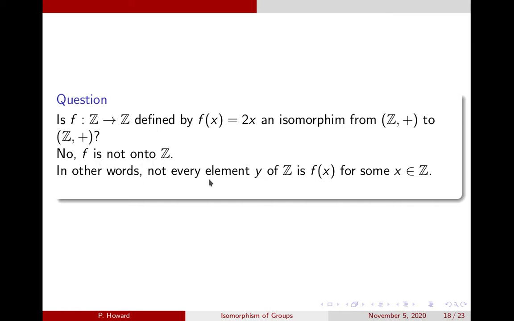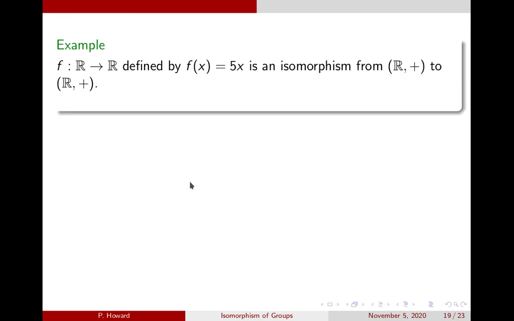In other words, not every element of the integers is f of x for some x in Z. If you apply f to an integer x, you will always get an even integer as output. So the odd integers are not in the range of the function f. And as an example, 7 is not f of x for any integer x.